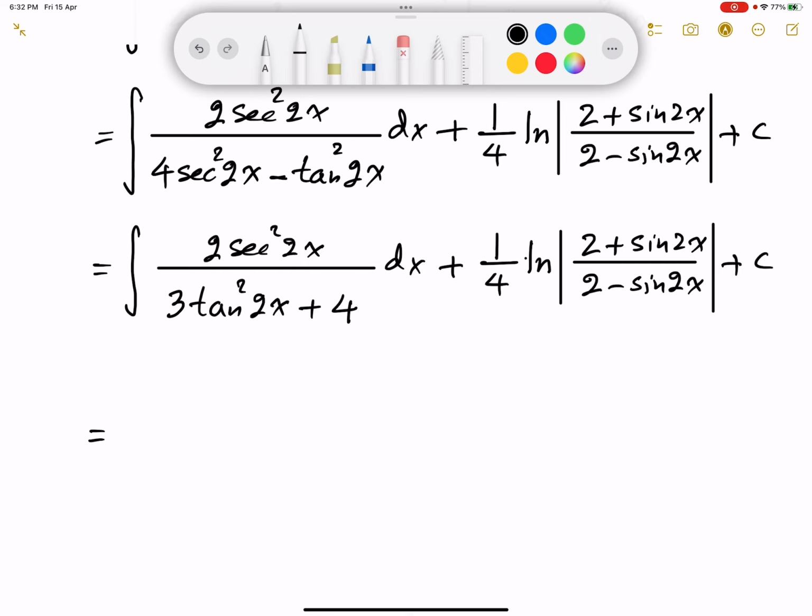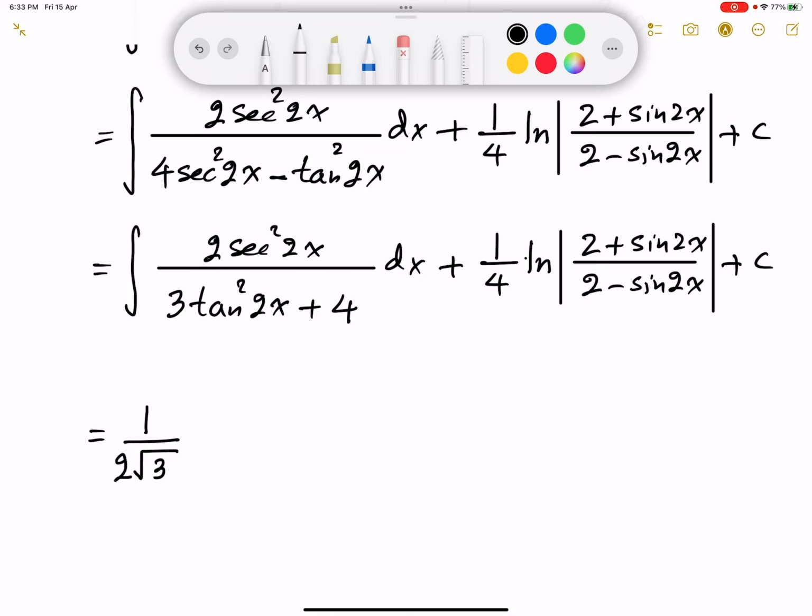Now the derivative of the square root of 3 tangent 2x is twice the square root of 3 secant squared 2x, so we're missing the square root of 3 in the numerator. So we need to divide by the square root of 3, and of course we need to divide by the squared constant, which is 2.